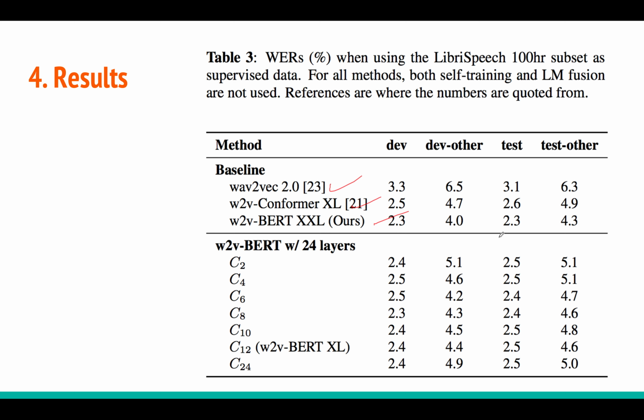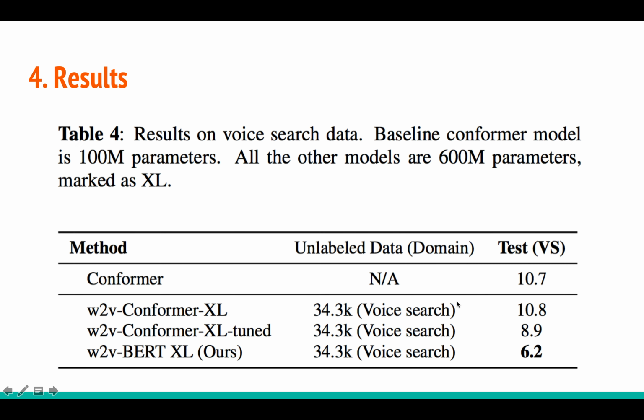The proposed approach works almost all the time, outperforming the previous two approaches. They have also done some ablation study on which layers of the transformer you should choose in order to get better performance.